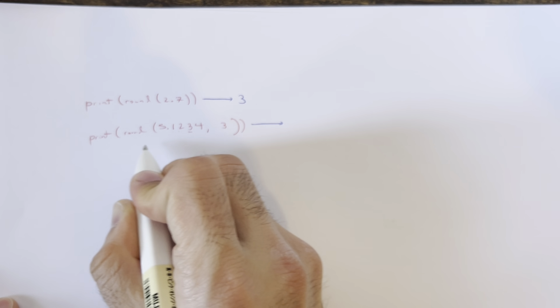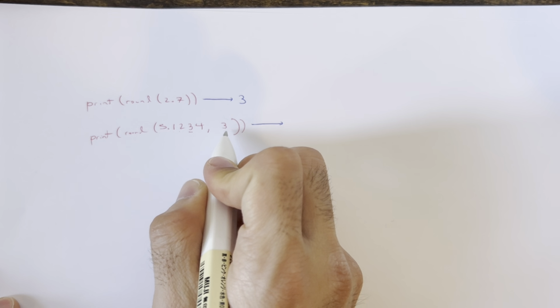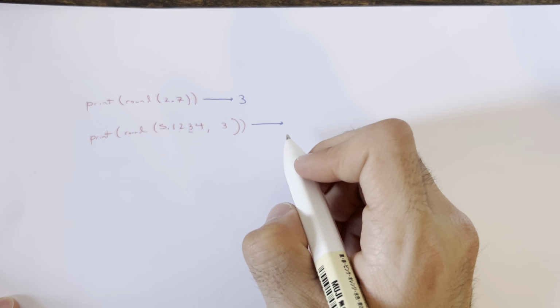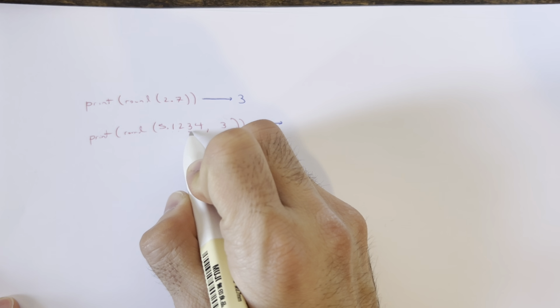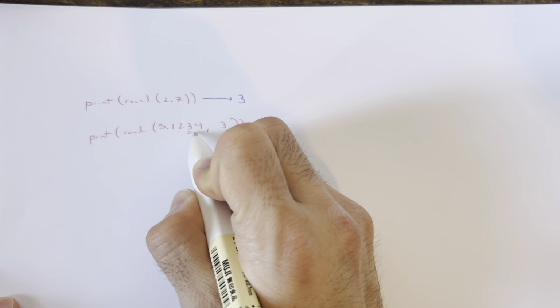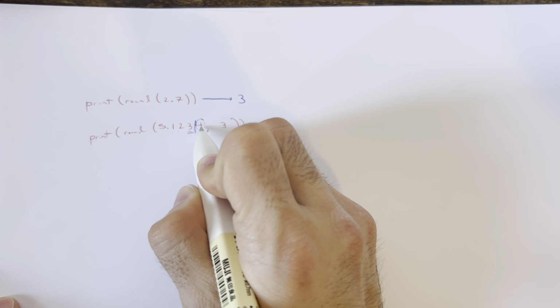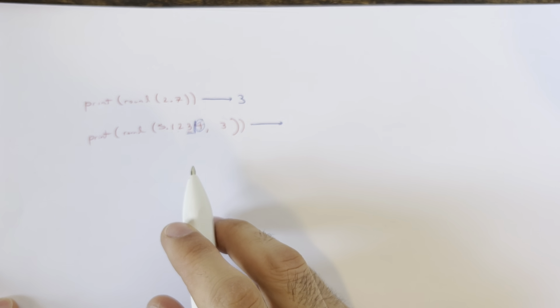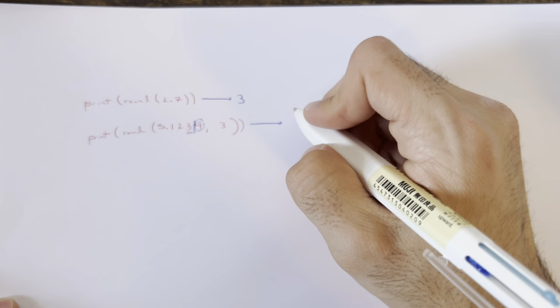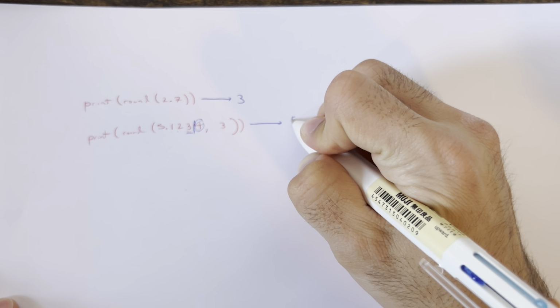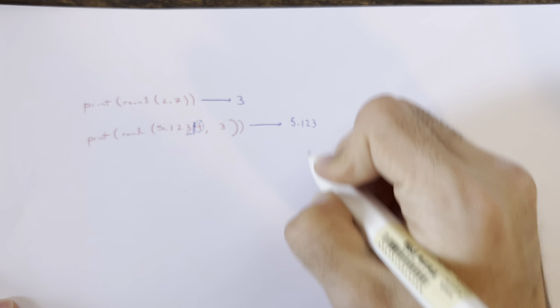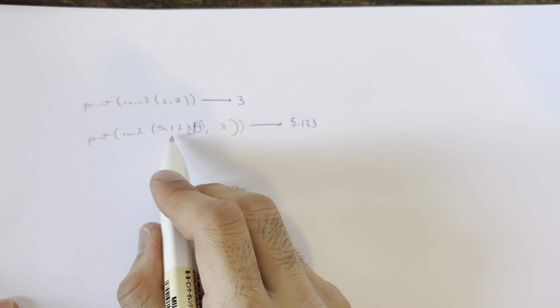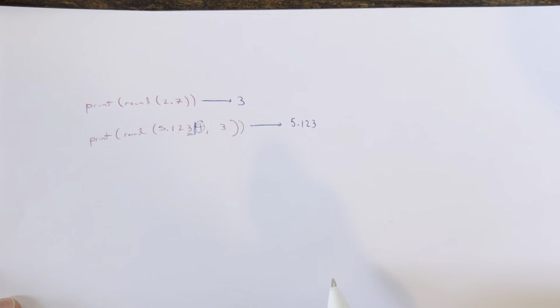What do you think we get when we round 5.1234 to the third decimal? Well, we look at the digit next to it, 4, and if it's less than 5, then we round down. If it's more than 5, then we round up. Since 4 is less than 5, we just get 5.123. So that's what happens when you round 5.1234 to the third decimal point.